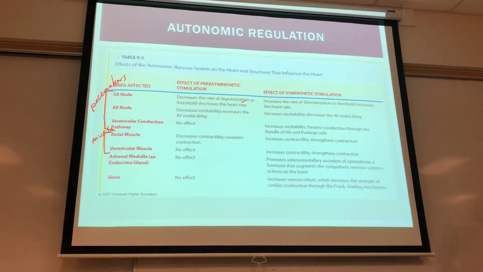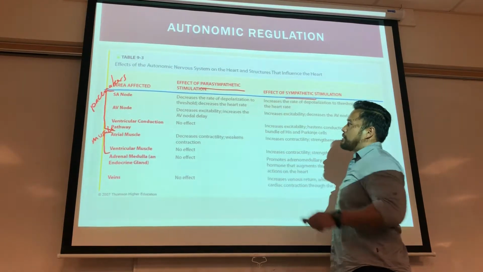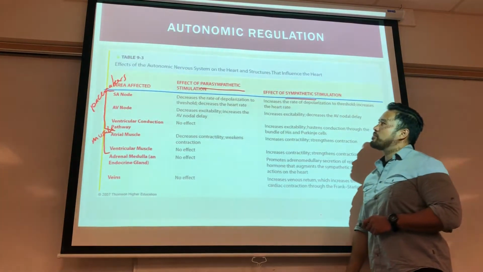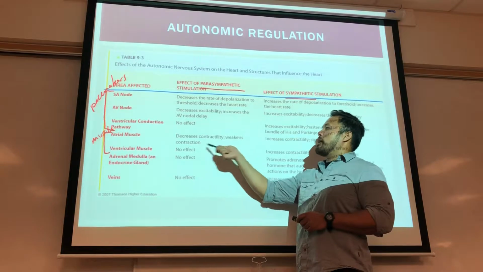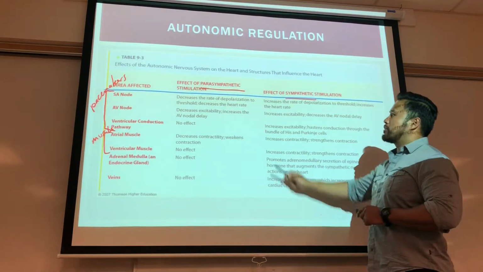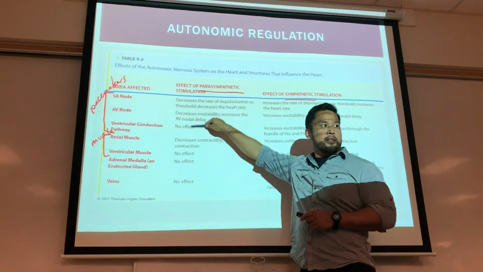And this is the effect of parasympathetic and sympathetic stimulation. So we know what's going to happen with vagal tone. Vagal tone is going to decrease the SA node and AV node. Parasympathetic output, even though I didn't say it, doesn't really have an effect on muscle, it has a slight effect on the atrial muscles, so don't worry about that. All in all, if I were to ask you about vagal tone, it's predominantly going to affect the pacemaker cells.